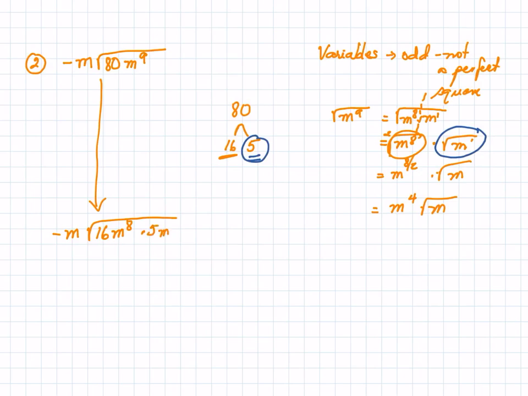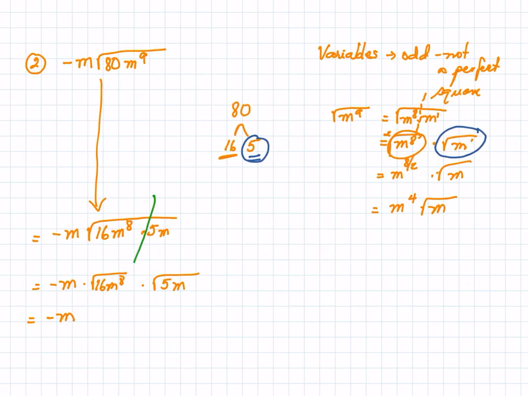Once I'm done with that, I'm going to split this in half. Then I should have negative m. I'm going to split it up as 16 m to the 8, 5m.